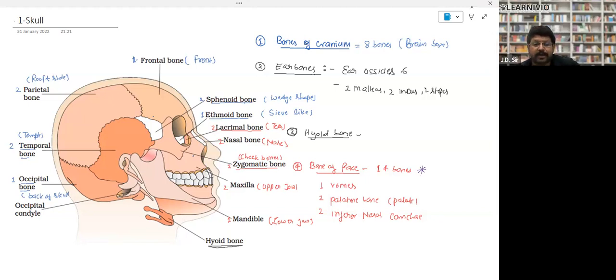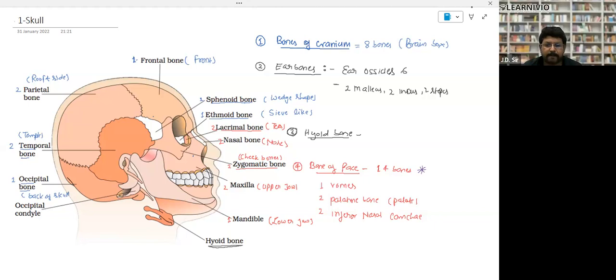It is written over here. Sometimes you will get a question: how many ear ossicles are there? The answer will be 6, not 3. The bones of the ear are called ear ossicles. Right?